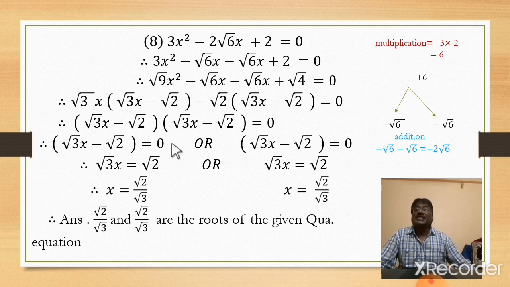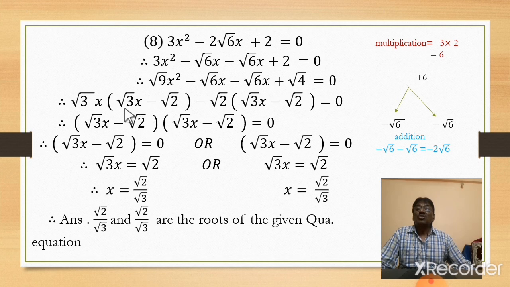Now you can easily find out the common term. Here root 3 is common and x is common. Therefore you can take root 3x as common. Then in bracket we get root 3x minus root 2. Now in this pair you can take minus root 2 as common, then we get minus root 2 in bracket root 3x minus root 2 is equal to 0.